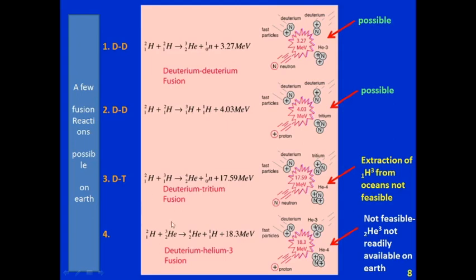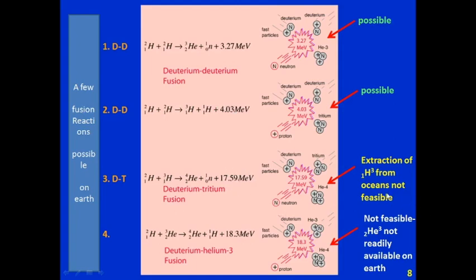But you cannot discard this reaction. We will be using this type of fusion also. Compared to DD it is not so easy, but it is done. So these 2 are easy reactions, but their energy is less, 3.27 and 4.03 MeV, whereas this produces 17.59 MeV of energy but requires tritium.